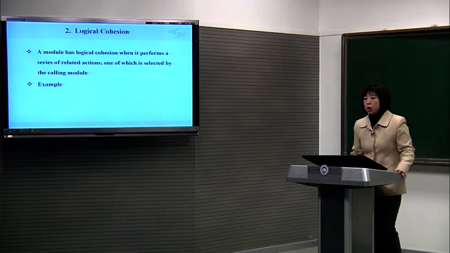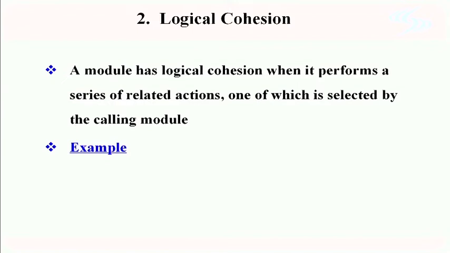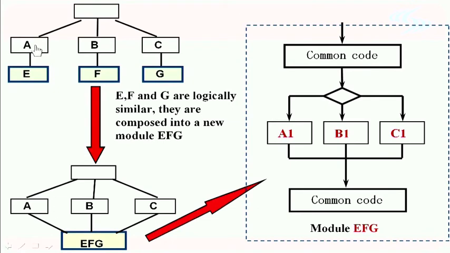Second, logical coherence. A module has logical coherence when it performs a series of related actions, one of which is selected by the calling module. For example, Module A calls Module E, Module B calls Module F, and Module C calls Module G. Modules E, F, and G are logically similar, so they are composed into a new module EFG.